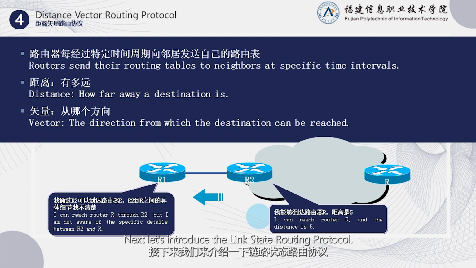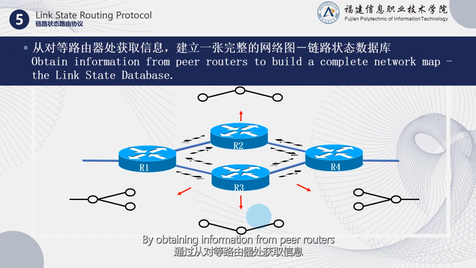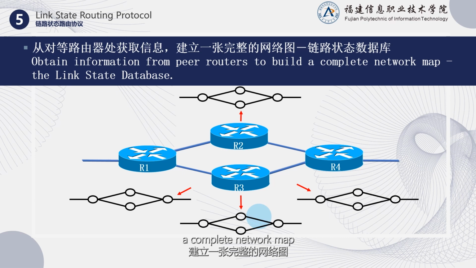Next, let's introduce the link state routing protocol. Looking at the topology structure, originally, each router only knows the link state information of the links directly connected to it. By obtaining information from peer routers, a complete network map, the link state database, is established.